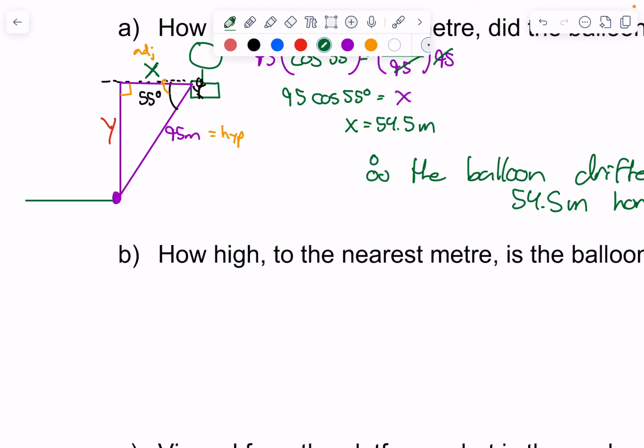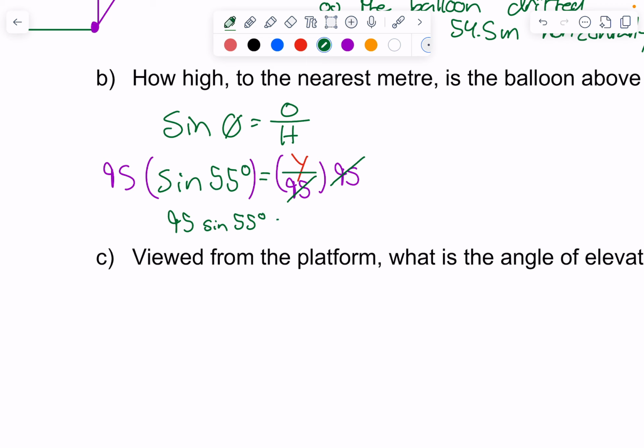So multiply both sides by 95 to isolate for the y. Multiply this by 95, so this cancels with this. So you get 95 sine 55 degrees is equal to y.